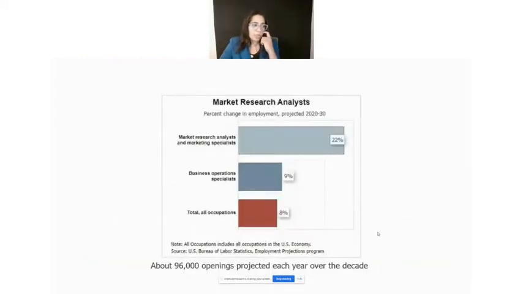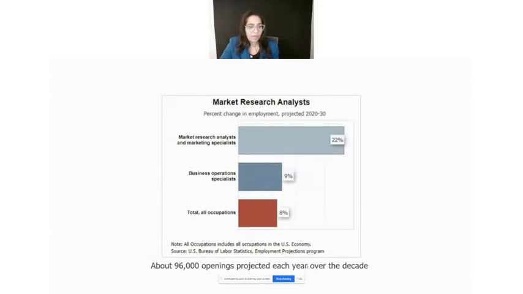So, as per the US Bureau of Labor Statistics, the job profile of market research analysts and related specializations in marketing is expected to grow about 22% in the next 10 years. That's really high as compared to the other occupations, if you look at it. So from 8% to 22%.